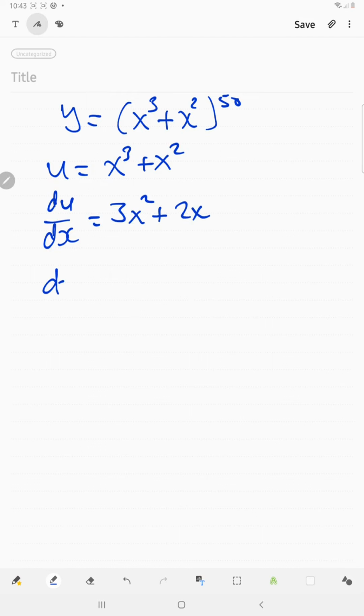And dy/du is equal to u to the power 50, which gives 50u to the power 49.